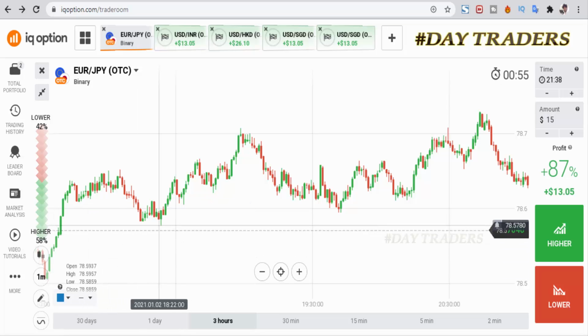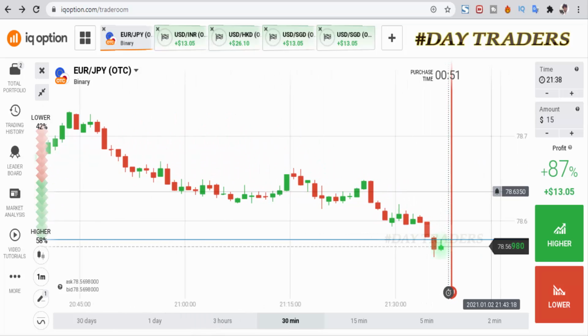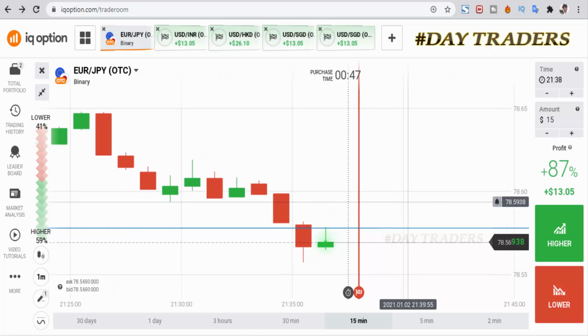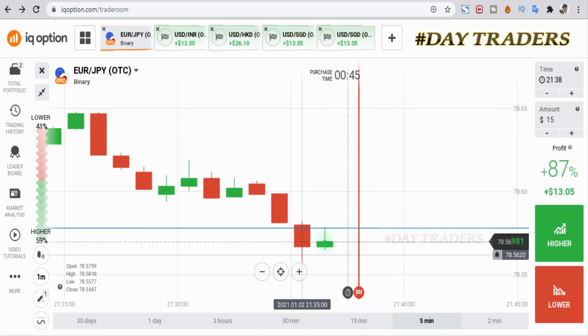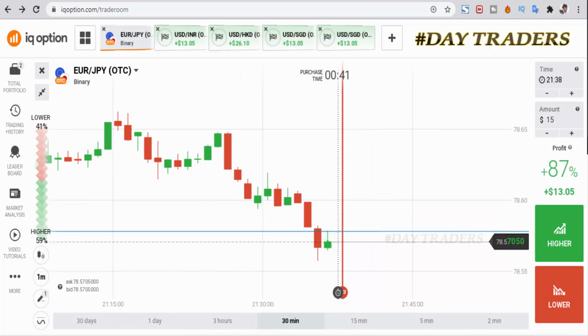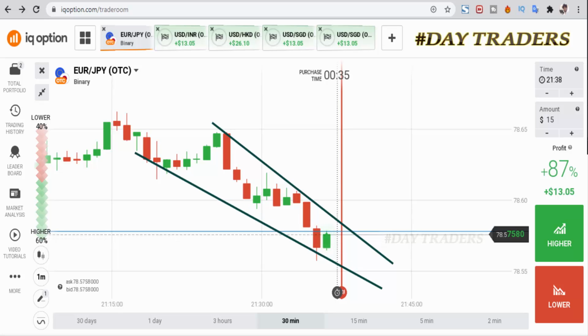You can see this is a support level. After the breakout it makes a retracement, but there is no past history and there is a buyer rejection. Let's try to check the support and resistance level. There is a sellers area. Now there is no clarity on the buyers and sellers entry.